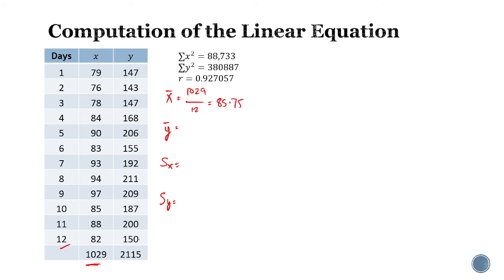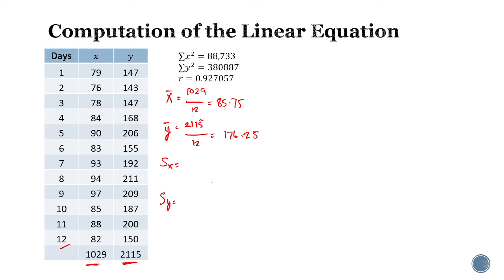And for our y, we'll be using this summation. So we'll have 2,115 divided by 12. So that will be 176.25. So already we have here our x bar and y bar.